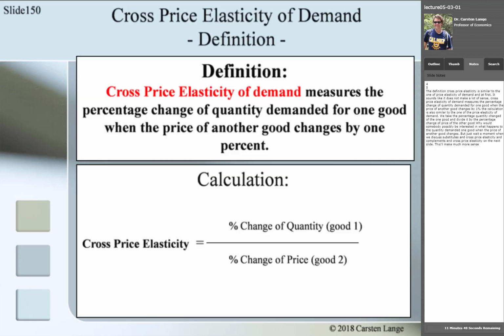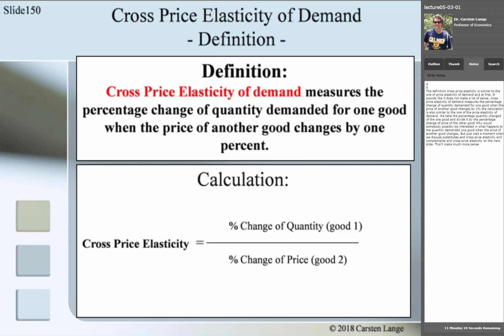The definition of cross-price elasticity is similar to the one of price elasticity of demand, and at first it sounds like it does not make a lot of sense. Cross-price elasticity of demand measures the percentage change of quantity demanded for one good when the price of another good changes by 1%.